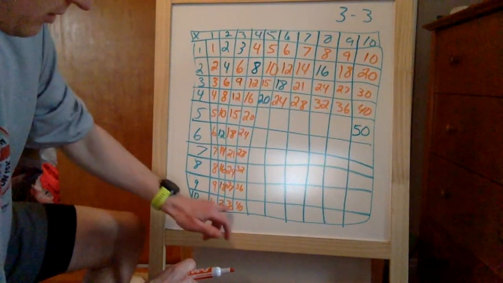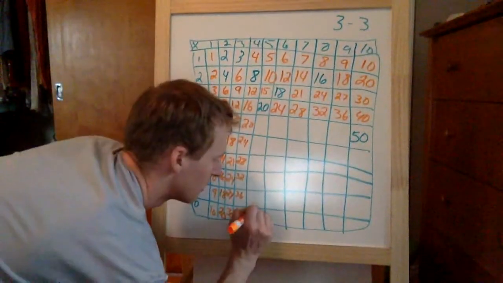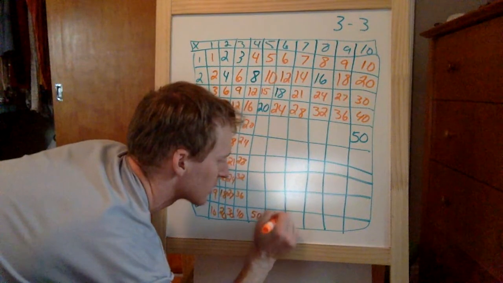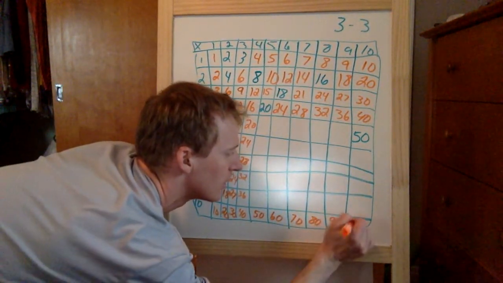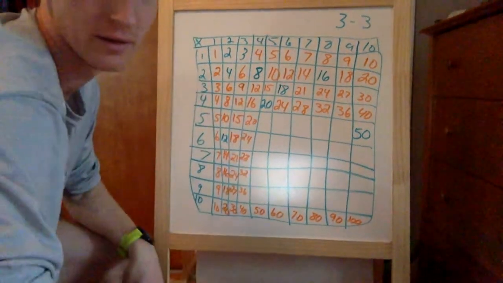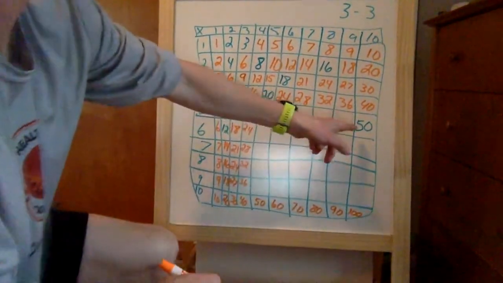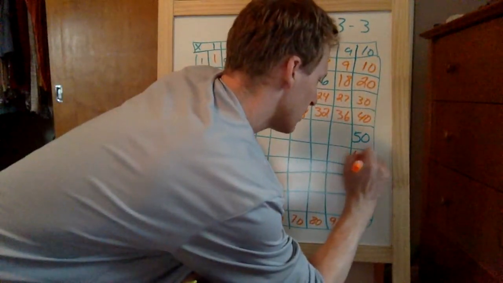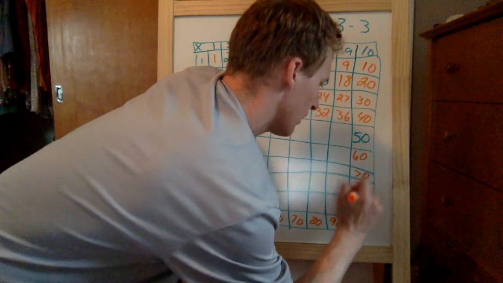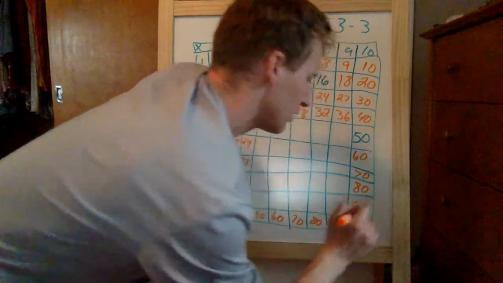Do your 10's. 10, 20, 30, 40, 50, 60, 70, 80, 90, 100. And we can go over on this one as well. We're already at 50. So it goes 60, 70, 80, 90. Okay.